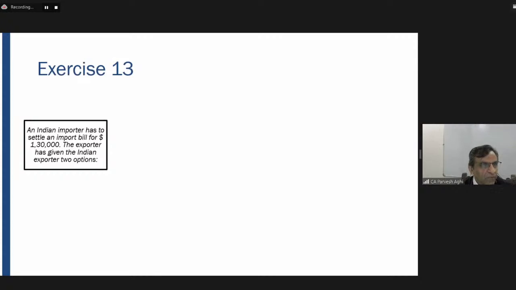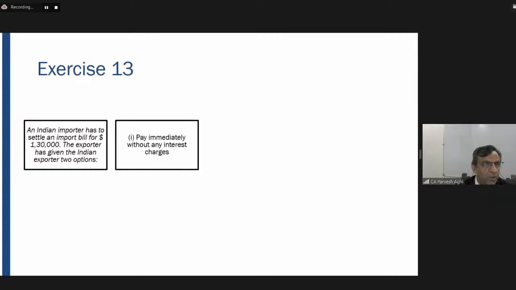The exporter has given the Indian importer two options. So there are two options given to this importer.